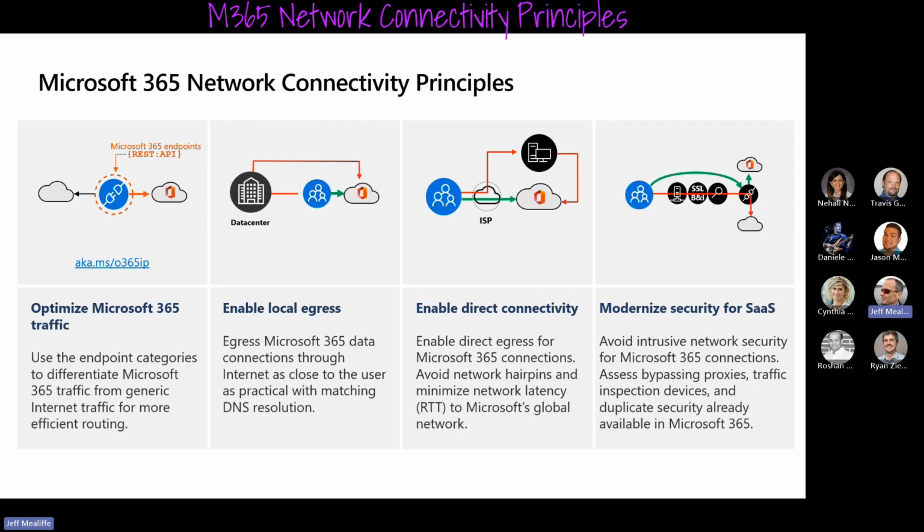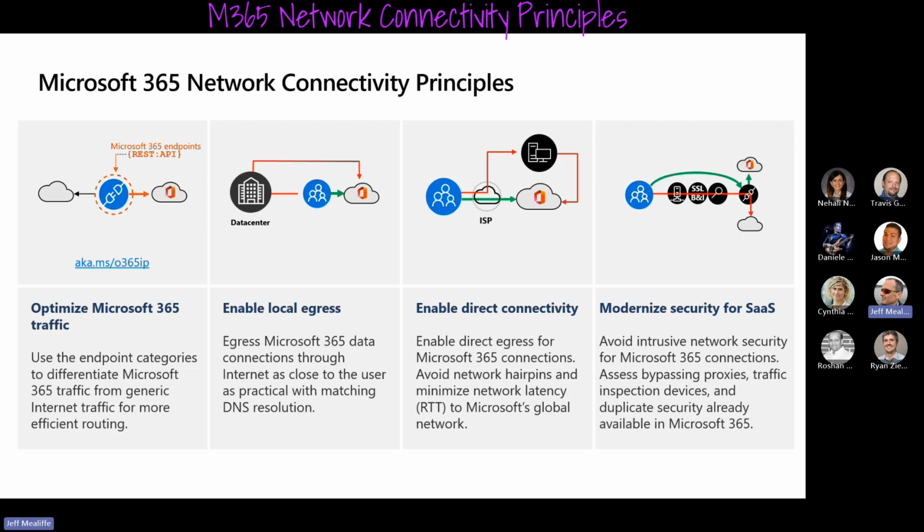You could think of this as passing the traffic through perhaps a security appliance or a secure web gateway product, where whatever that product is might be cloud-based, or might actually exist in a customer data center somewhere else. What we end up seeing is that traffic takes a path that adds a significant amount of latency to get to whatever that appliance or product is, and then come back to Microsoft's network to actually be serviced. We want to avoid that wherever possible and minimize the impact of those hairpins.